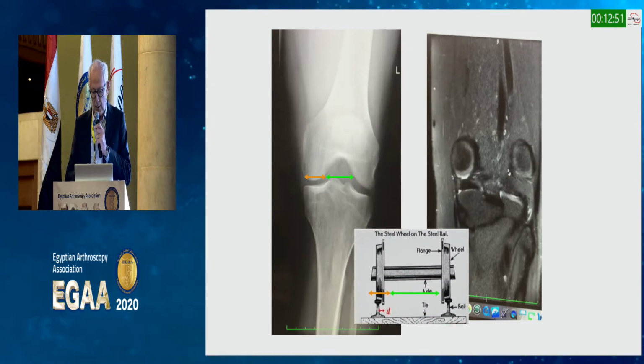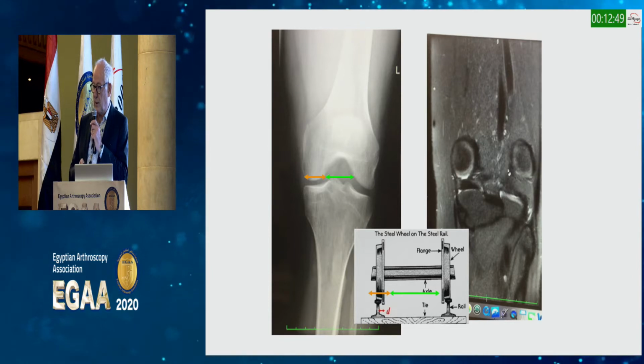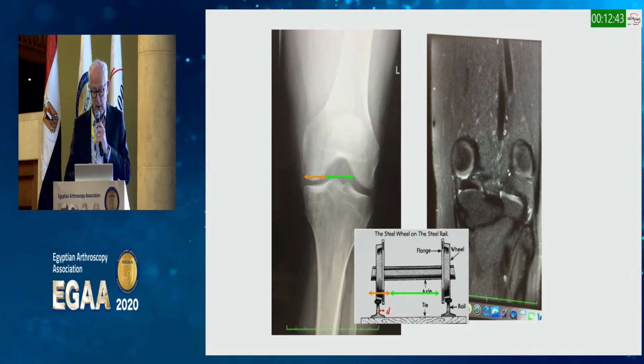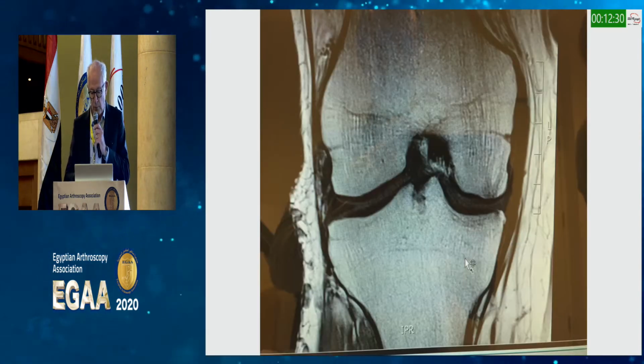If you look at this illustration, you can understand that this medial femoral condyle really will have quite a bit of load to carry, and obviously then will be subject to more degeneration, or degeneration that at least goes faster than in what we would call a normal situation.